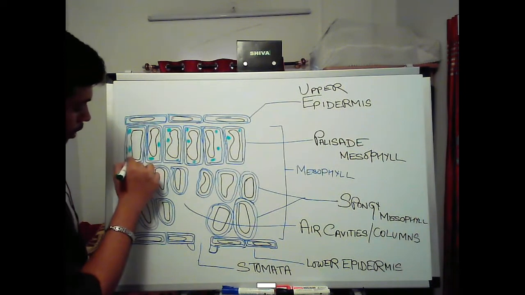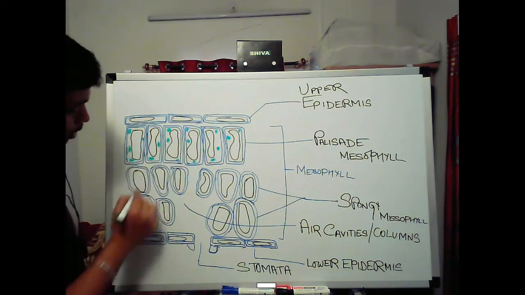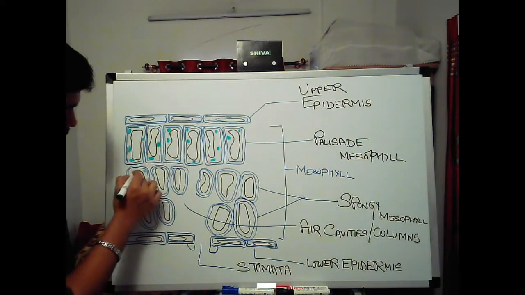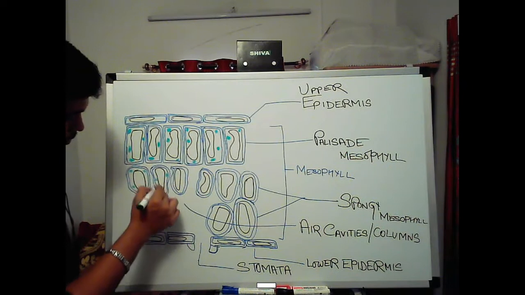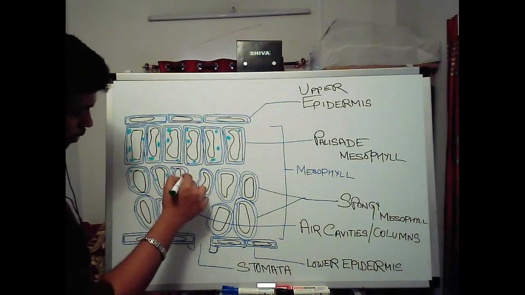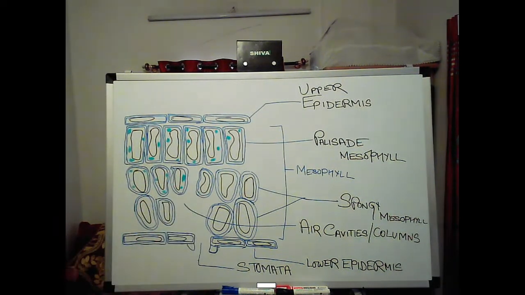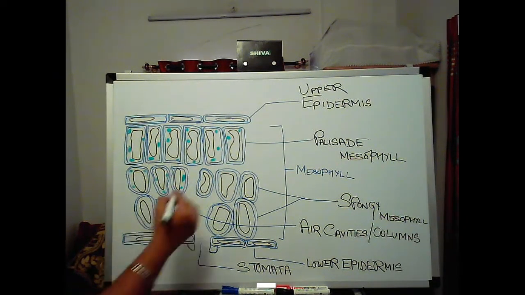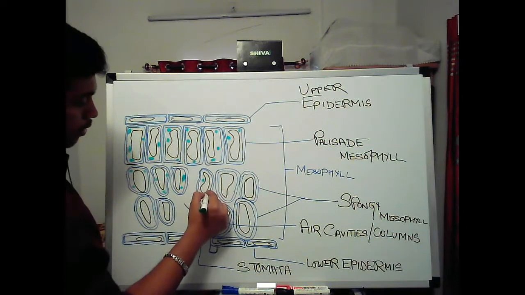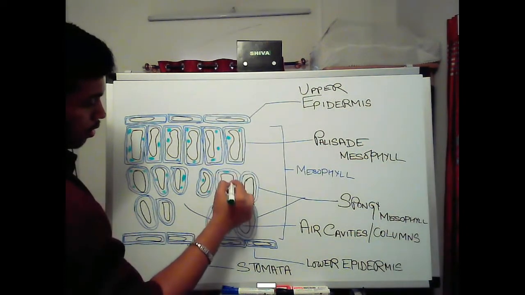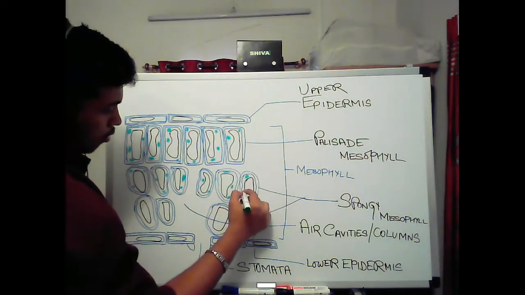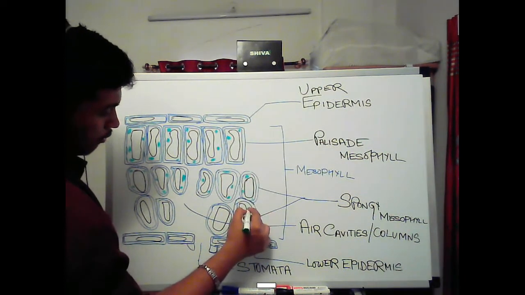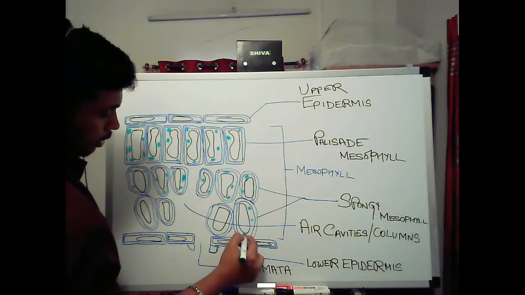You will find the chloroplast in the palisade mesophyll as well as the spongy mesophyll. I hope everyone is able to understand what I'm explaining. Chloroplasts are everywhere in the cell.